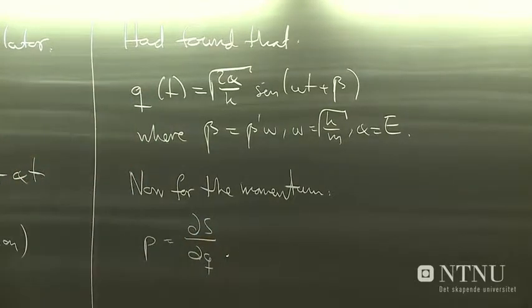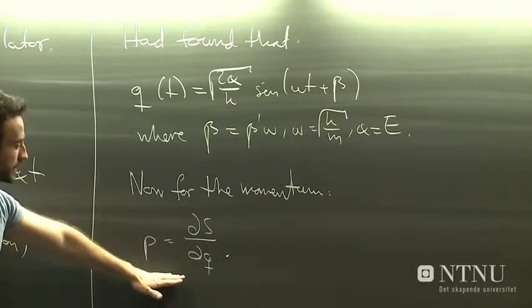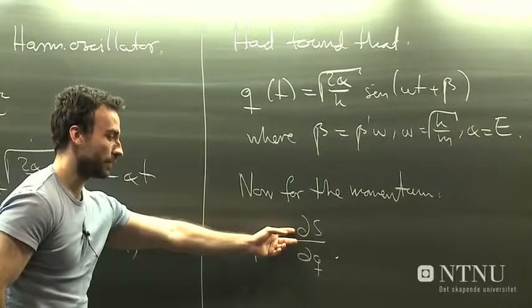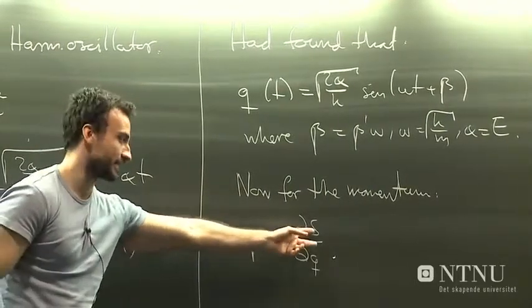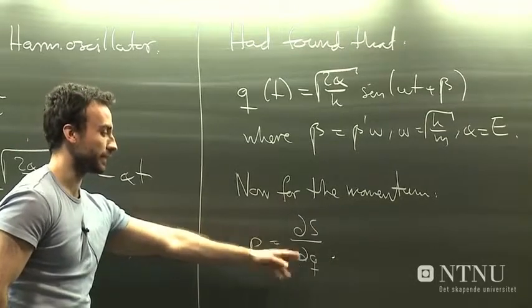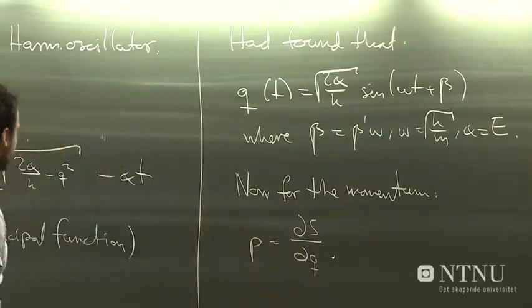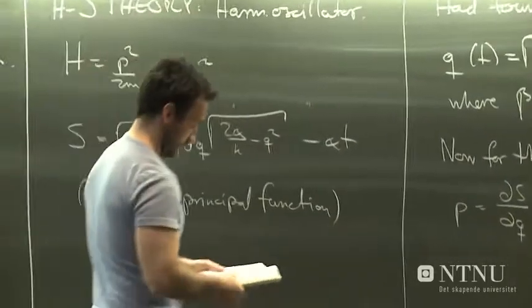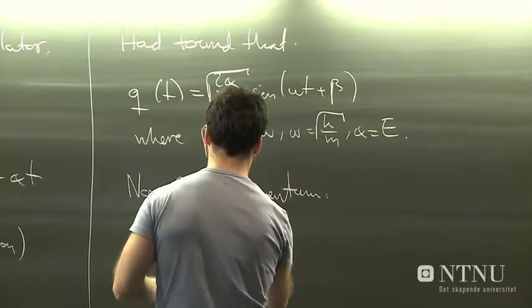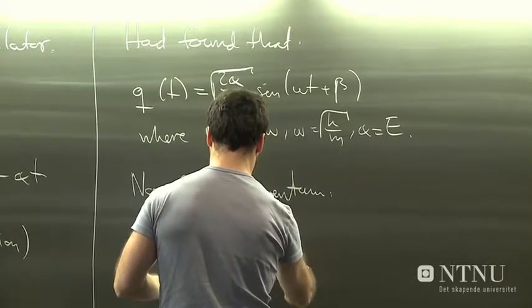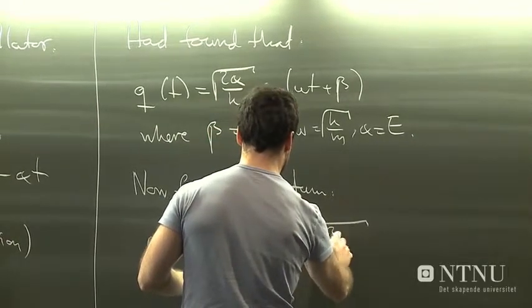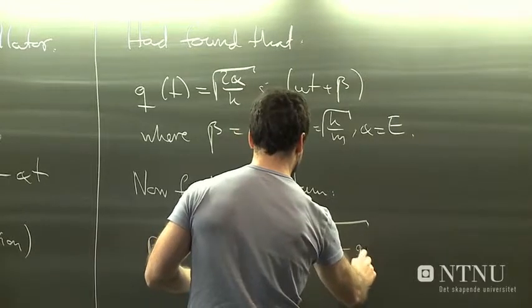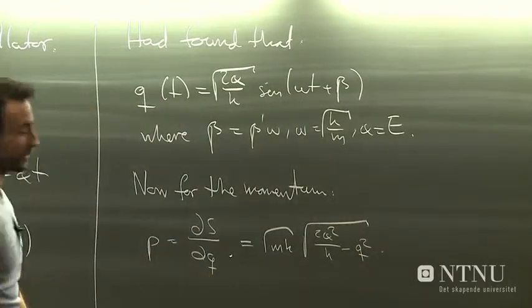And to do this, we just follow our recipe. I believe we listed a 4-step strategy for solving a problem with the Hamilton-Jacobi theory. The next step is to identify the momentum, having now obtained Hamilton's principal function S, simply by partially deriving it with respect to Q, which gives us this.